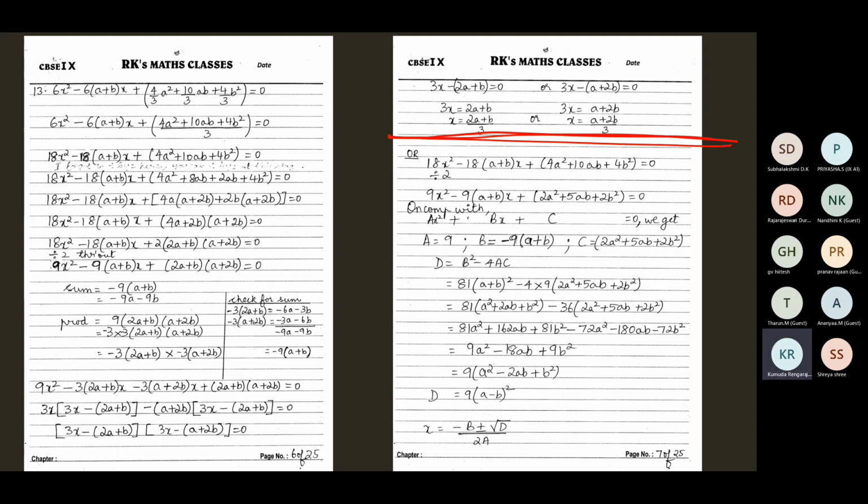Quadratic formula is preferred, like when nothing is mentioned, you can choose to use the quadratic formula, solving for x using the quadratic formula. So that's what you see in the alternate method. Alternate method I've done using the quadratic formula. The first one is by splitting the middle term.